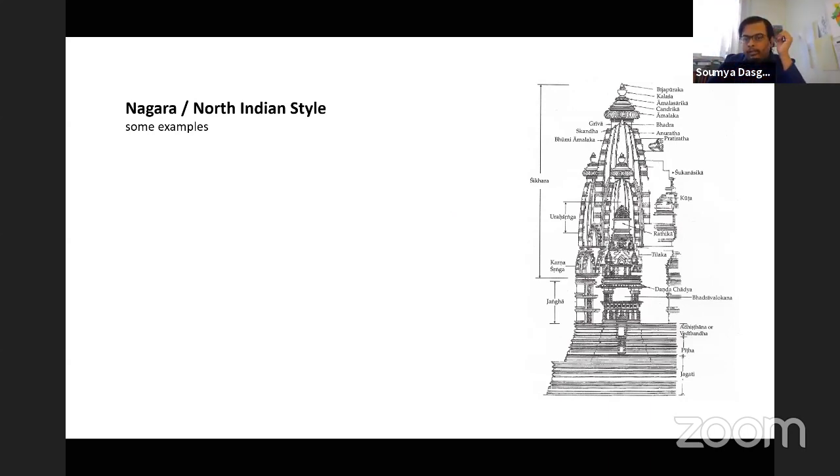I think Kush has shared an image, but it's not showing here. Yes, I can see Kush has sent me an image, where the whole temple structure is interpreted. I don't know if you guys can see it.